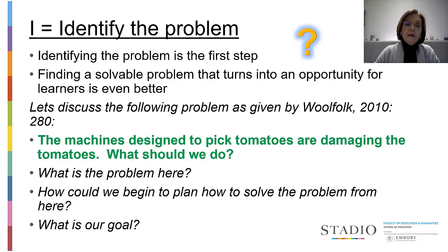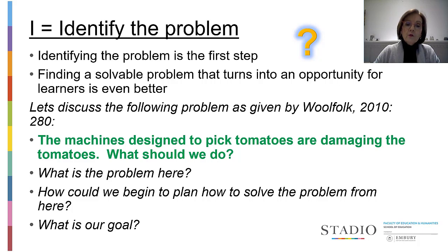And that would be that the machines designed to pick the tomatoes are damaging the tomatoes. Well, the fault must probably lie with the machines, because if the machines are damaging the tomatoes, then we have to fix the machine, or we have to redesign the machine so that it can pick the tomatoes in a proper manner without damaging them.